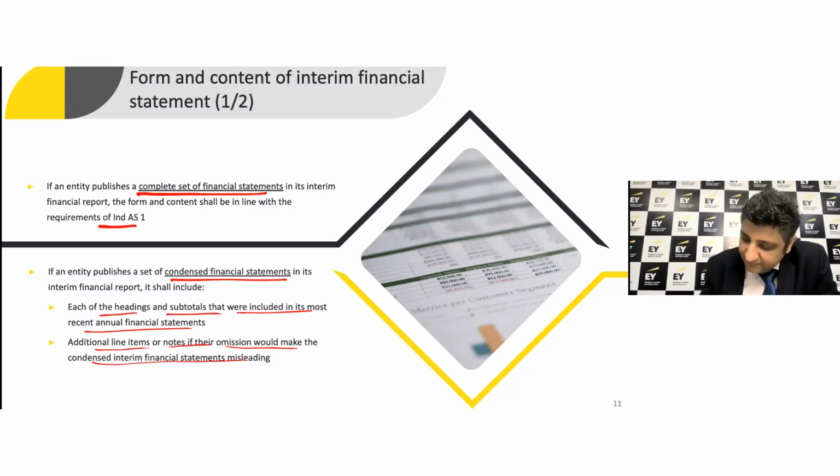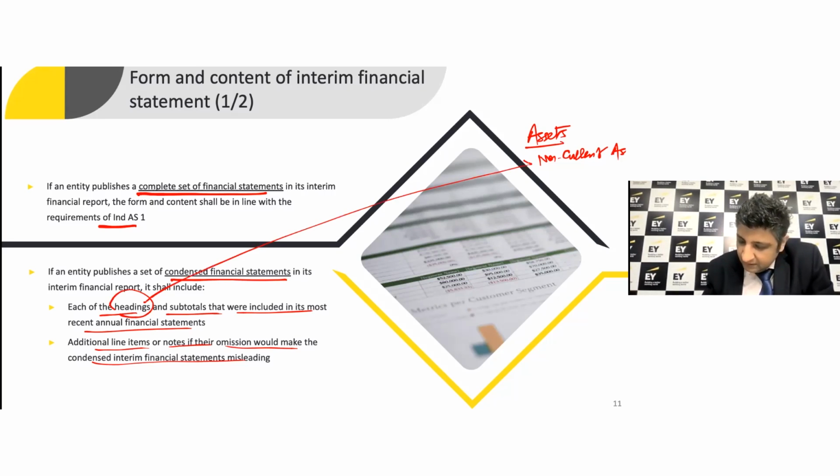We are saying that, simply, I'm looking at my balance sheet, for example, as assets, right? My primary heading is assets, and then we have non-current assets. So this heading of non-current assets has to be presented not just in the full-fledged set of financial statements, but also under the condensed financial statements.